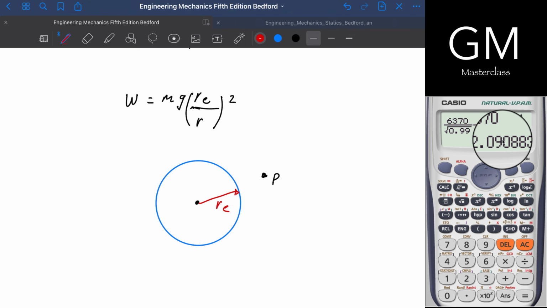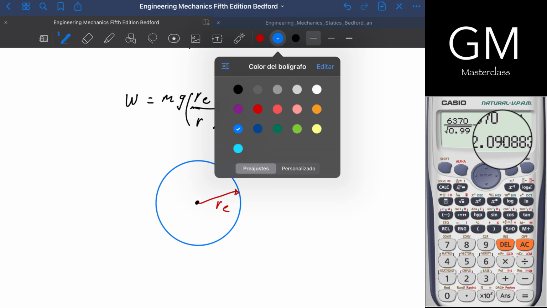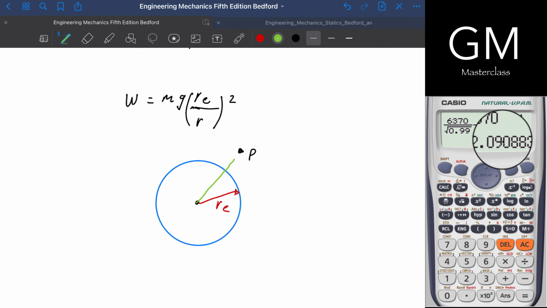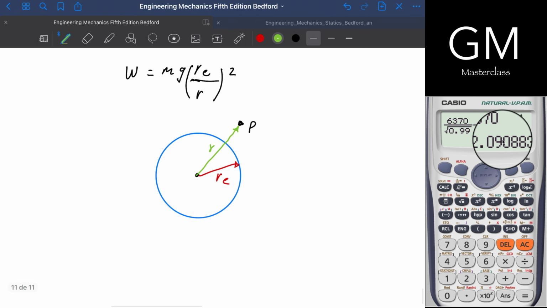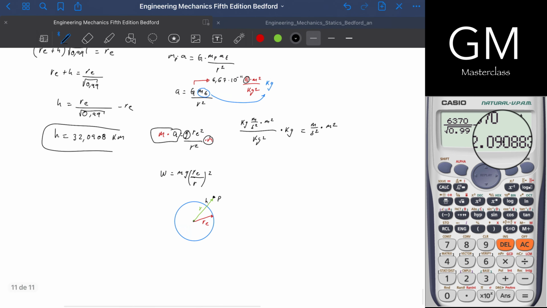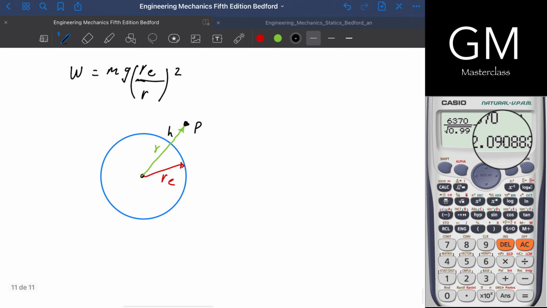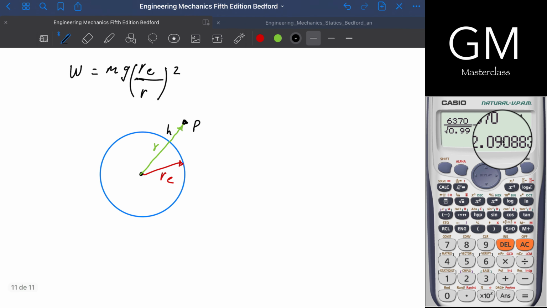and right here I'm going to move it for explanation purposes. I have R. Now this H is the same thing as having R minus RE.